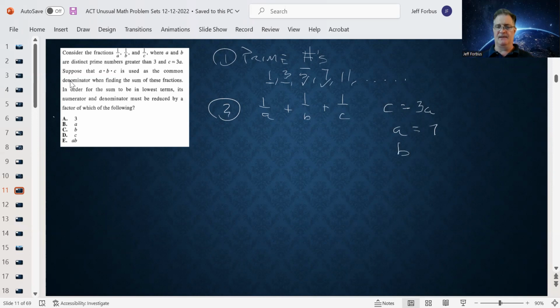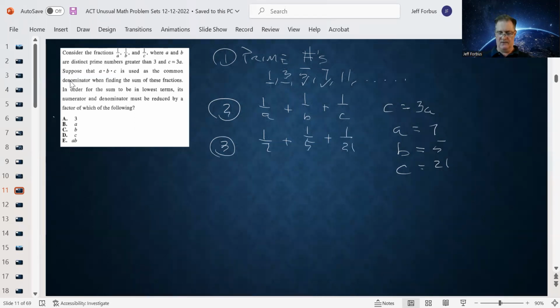I'm going to set B equal to 5. When I set A equal to 7, C becomes equal to 21. Now we've got some numbers that make this less abstract, and then we can begin using the numbers to help us answer the question. So 1 over 7 plus 1 over 5 plus 1 over 21.